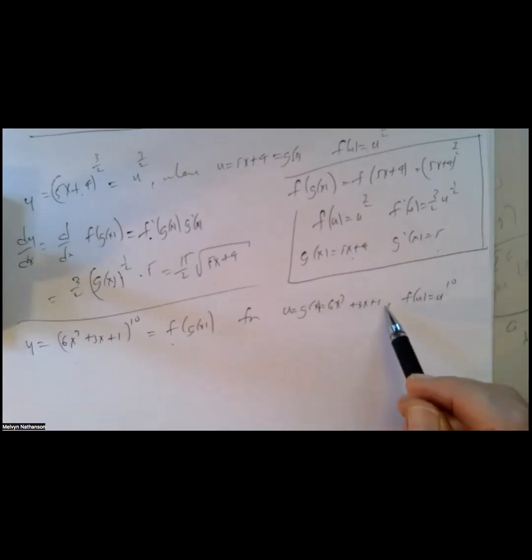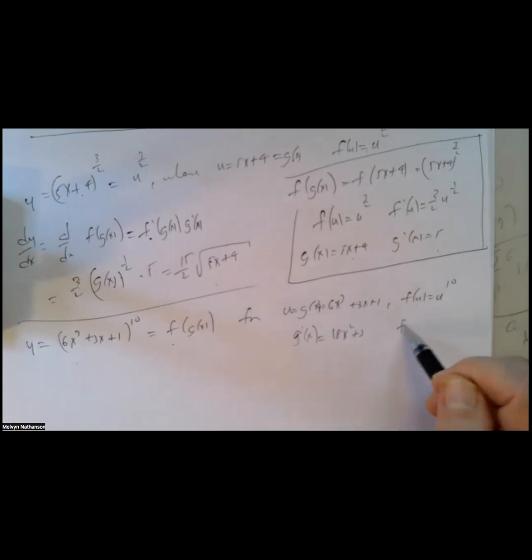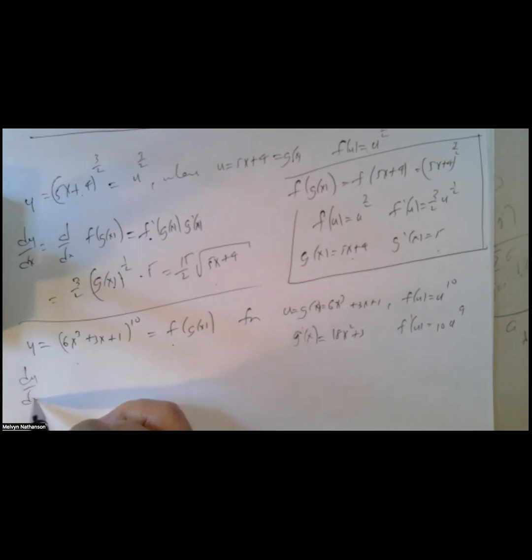If g of x is this cubic polynomial, g prime of x is 18x squared plus 3, and f prime of u, the derivative of u to the 10th, is 10 u to the 9th. So dy dx is f prime of g of x times g prime of x.